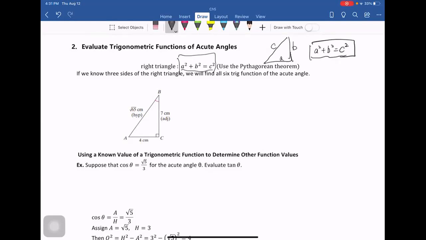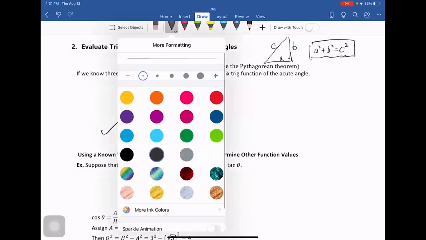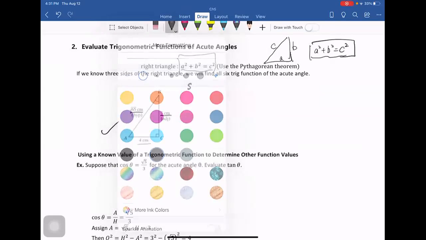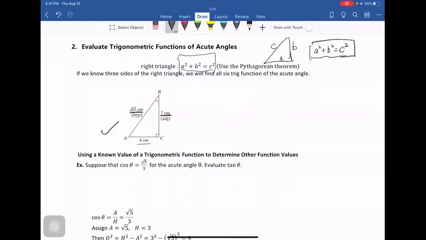For example, in this right triangle, they provide us the 3 sides. So for example, for sine B, the angle is B. Sine B equals opposite, that's 4, over hypotenuse, root 65.